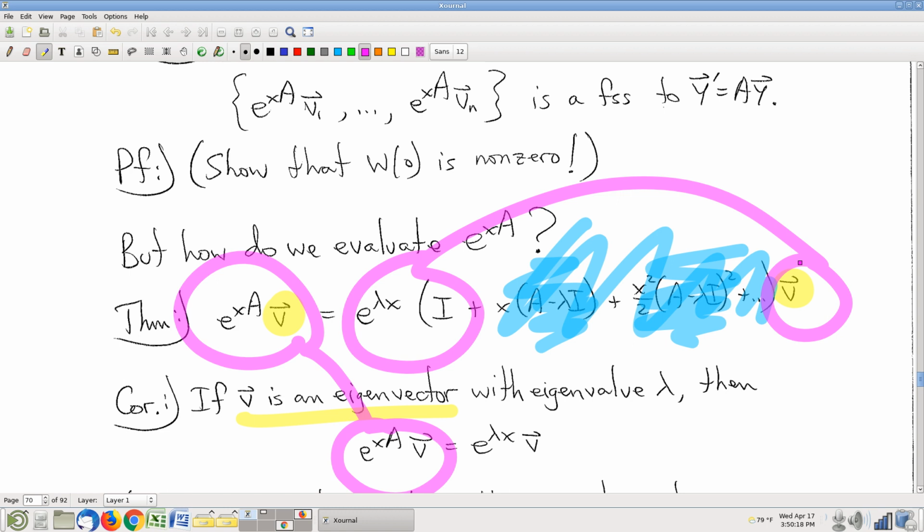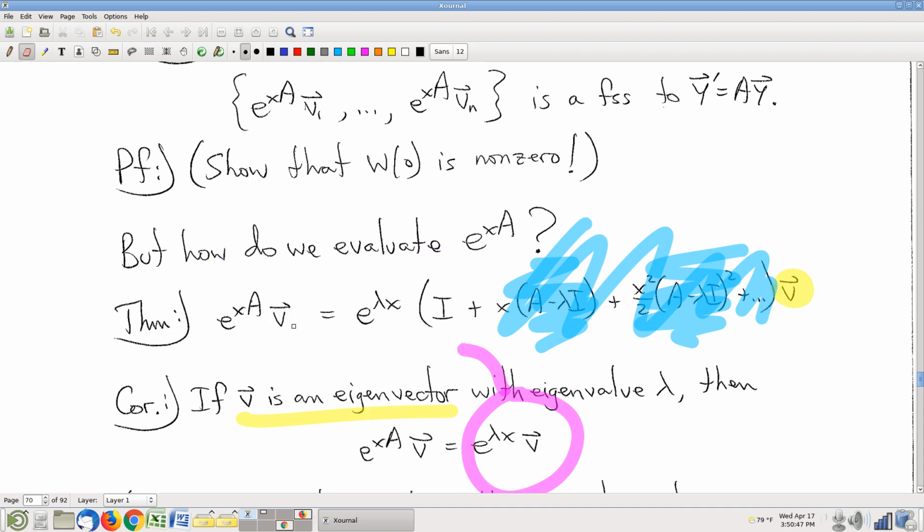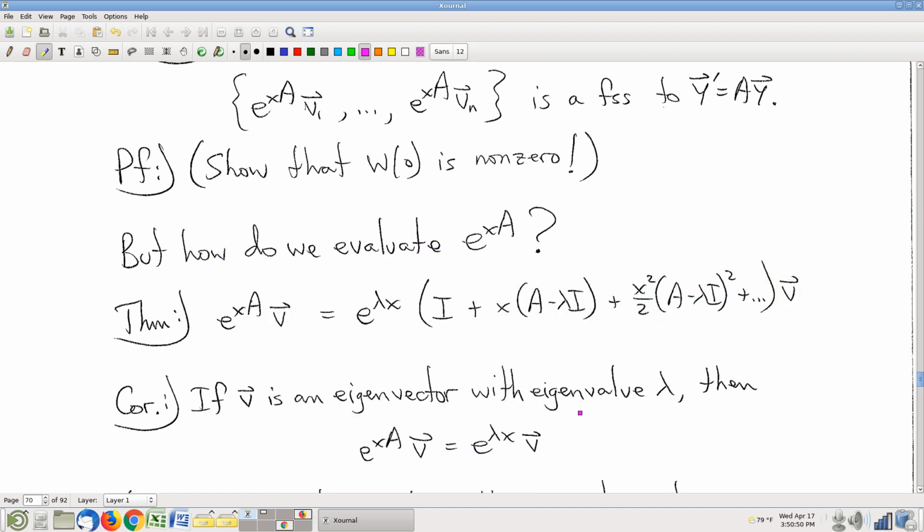It doesn't do anything. Times eigenvector. So you get that. And so we've evaluated this expression, matrix exponential times a specially chosen vector, an eigenvector, with an easily computable formula, right? Scalar exponentials, no problem. This is good old familiar stuff multiplied by the eigenvector. So, nice result.